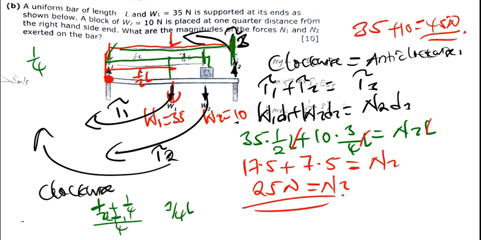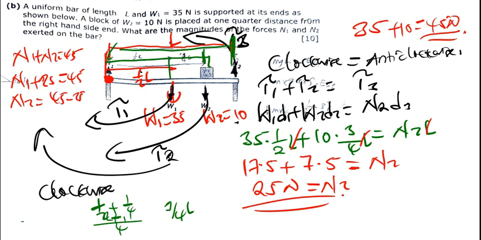Now, we said that the total should be 45, meaning that N1 plus N2 is equal to 45. So N1 I don't know, N2 is 25, equal to 45. If I shift 25 to the other side, it is 45 minus 25. So N1 will be equal to 45 minus 25, which is 20.